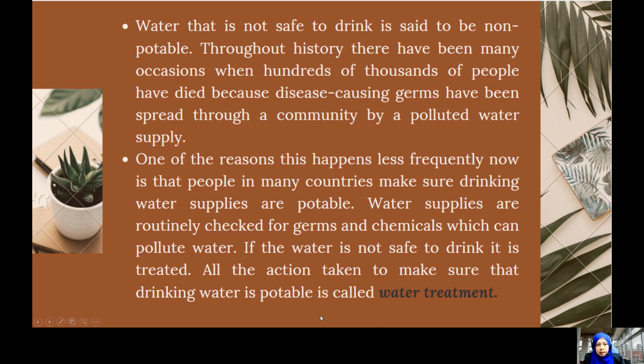Water supplies are routinely checked for germs and chemicals which can pollute water. If the water is not safe to drink, it is treated. All the actions taken to make sure that drinking water is potable are called water treatment.